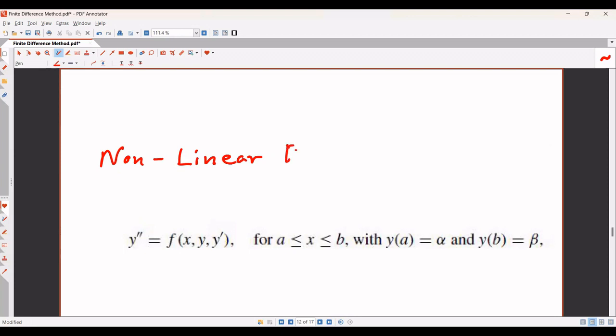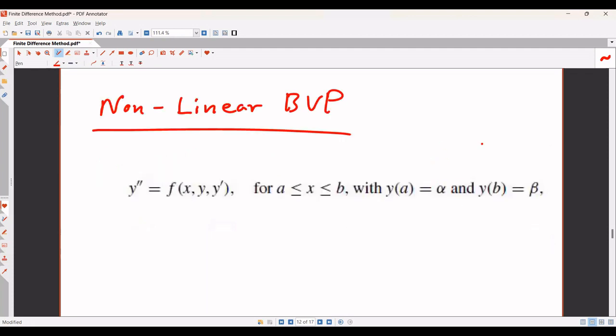Non-linear boundary value problem. So as I was saying, the linear one was slightly easier than this one.